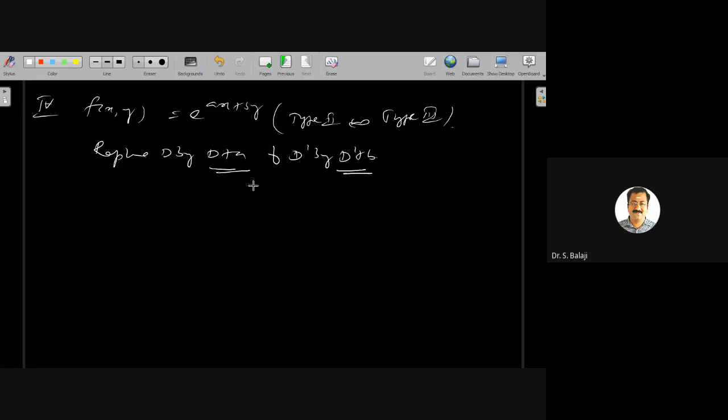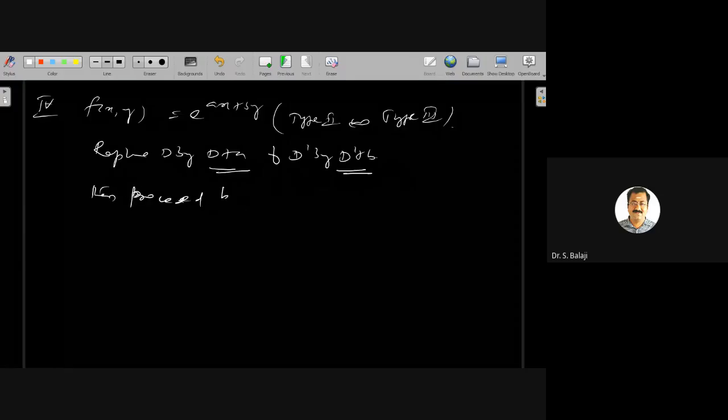Most people in the examination may get confused about whether to directly replace D by a. It means you cannot get any D in the further condition. Replace D by D plus a, D dash by D dash plus b. Then proceed by type 2 or type 3.